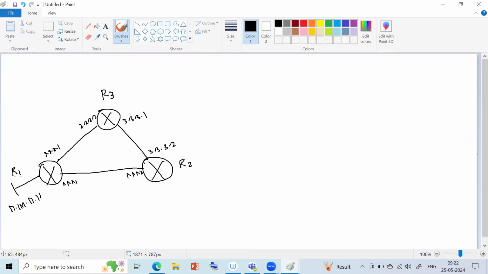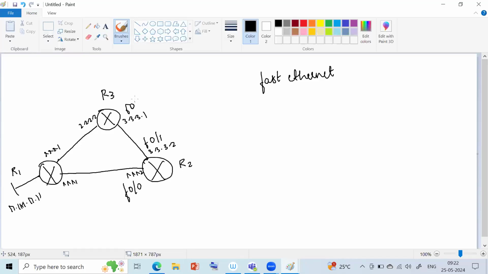Now, consider fast Ethernet interfaces. For example, F0/0, F0/1.